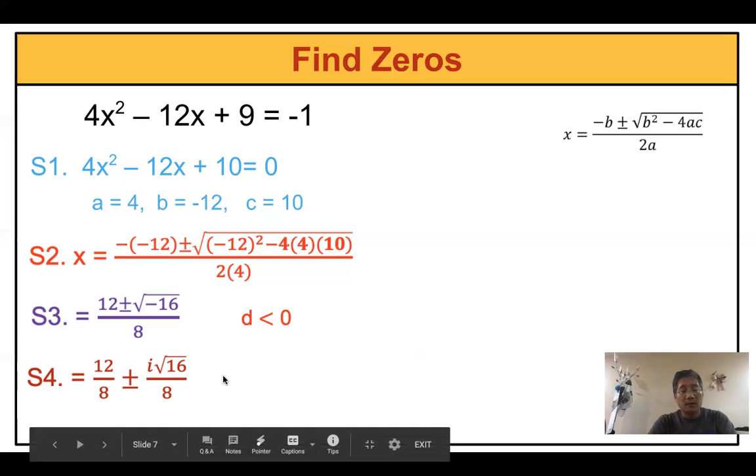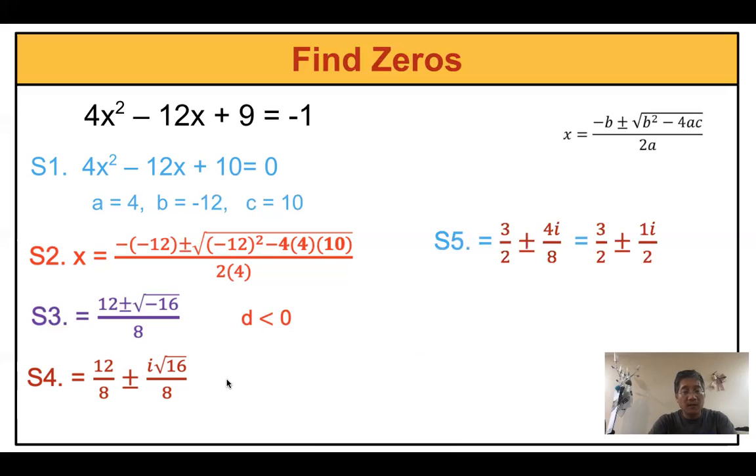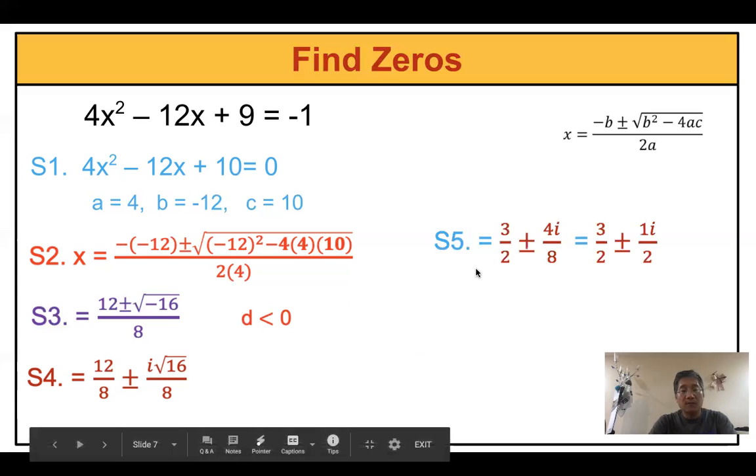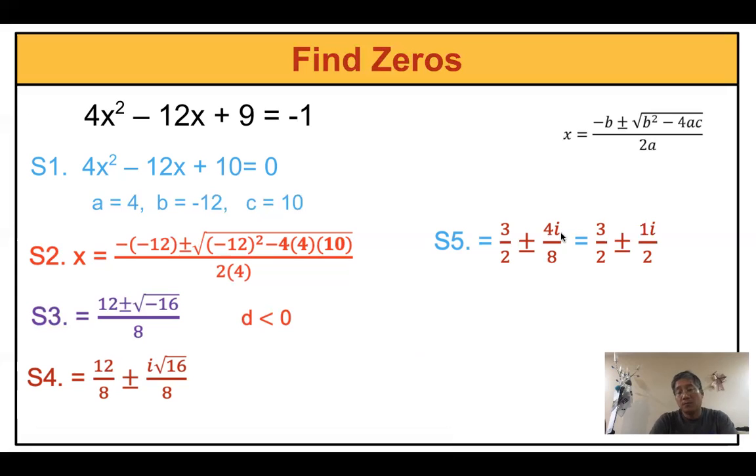Now, let's continue to simplify. So 12 over 8 becomes 3 over 2. Square root of 16 becomes 4. And then 4 times i is the same as 4i. We prefer to put the number first and the i later, like 4x, right?